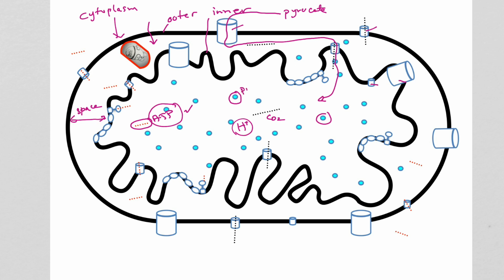This is done by enzymes such as pyruvate dehydrogenase complex, as well as the enzymes of the Krebs cycle. And these protons will then enter the electron transport chain and will react with oxygen. So a lot of oxygen enters the mitochondria, and protons and oxygen react, basically hydrogen and oxygen reacting to give you water and energy.